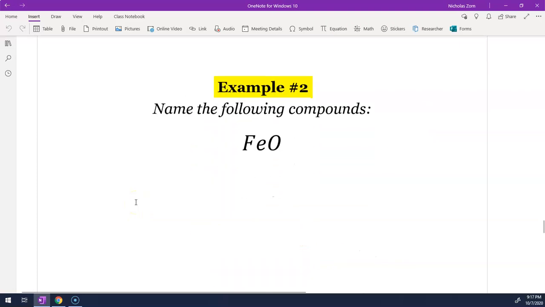All right. Next, we have FeO. So Fe is iron. Iron is a transition metal. We don't know the charge. O is obviously oxygen. Oxygen has a charge of -2. Iron, we don't know the charge.